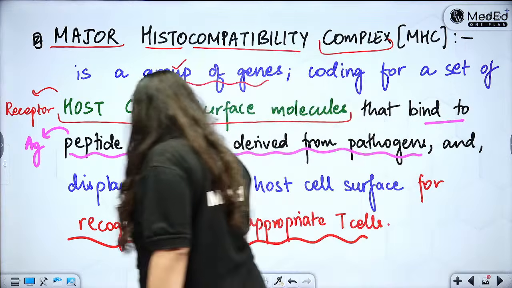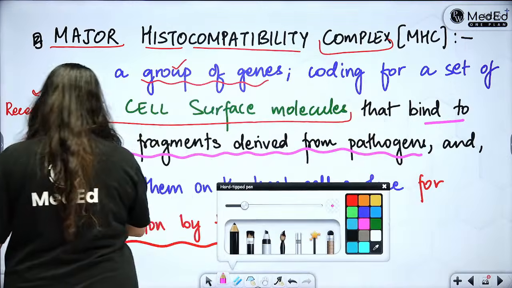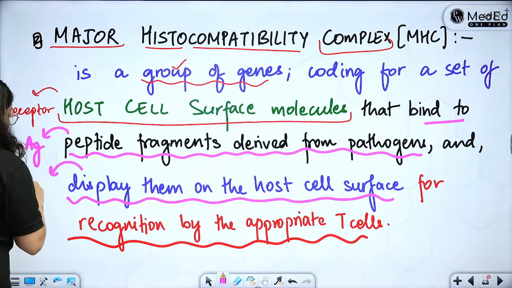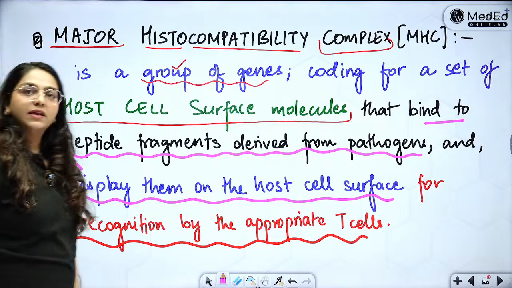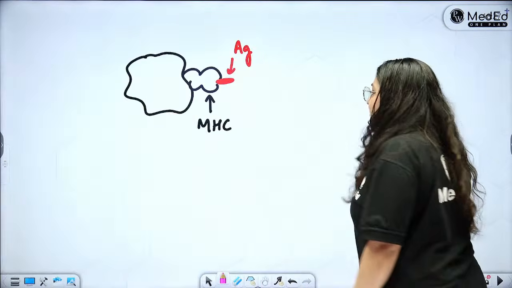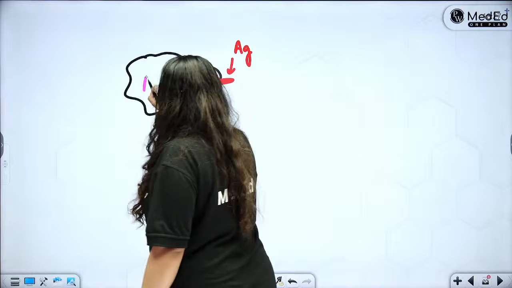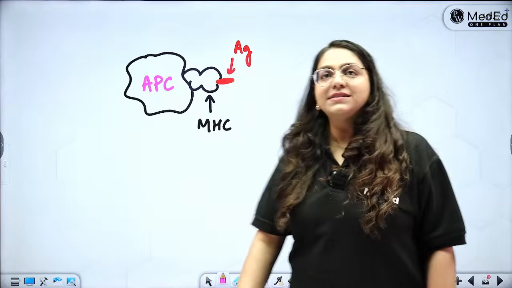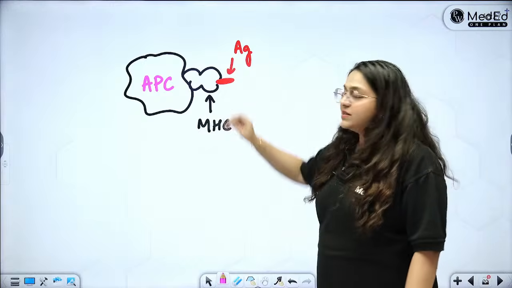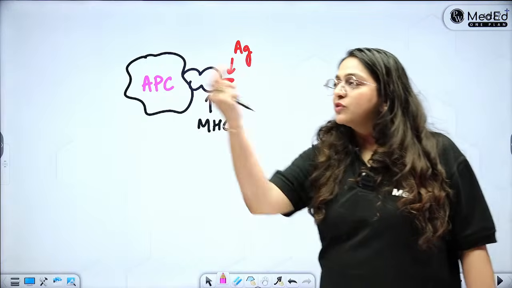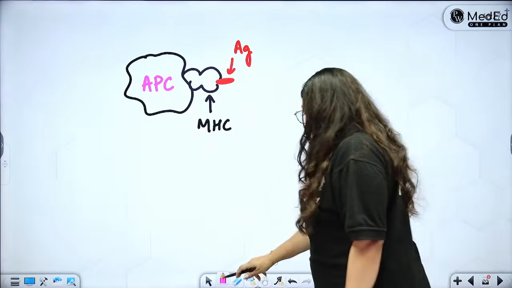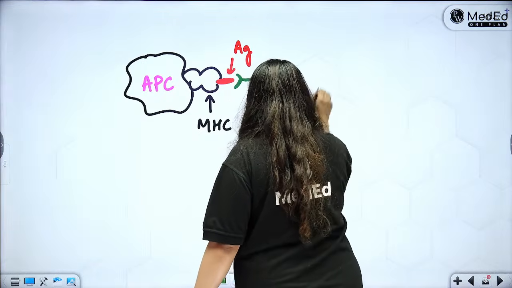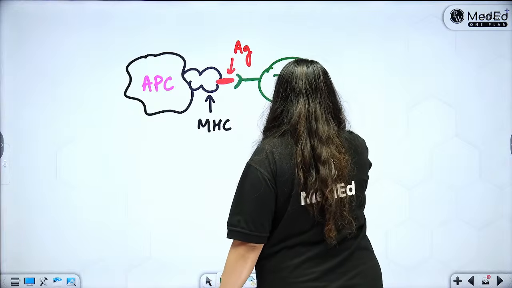So in the third line, this definition has told me that this host cell is nothing but an antigen presenting cell. And it is displaying this antigen on its surface for processing by a particular T cell. It is saying that this is now going to get recognized by a particular T cell.